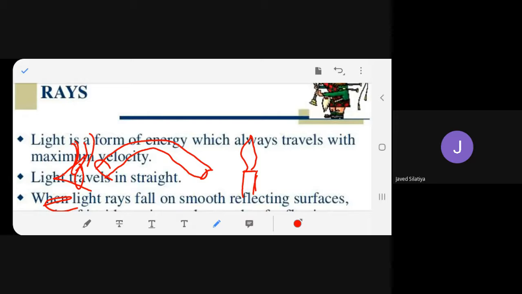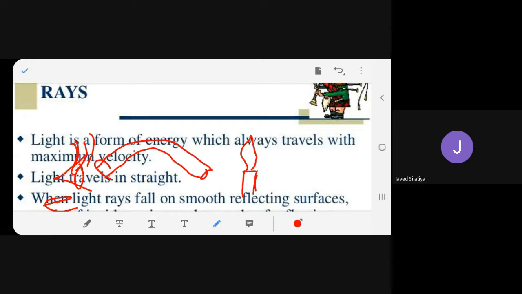Who said yes? If yes, then give me the reason. If no, then give me the reason. Someone said no and someone said yes. No, ma'am, because the pipe is tilted so the light cannot come to the other side.